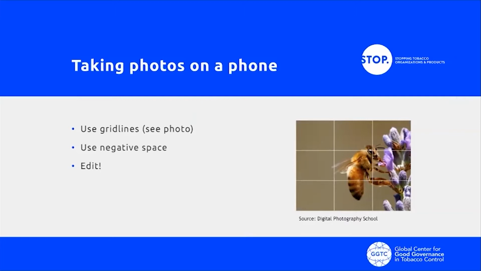And that brings me to my next point, which is to take advantage of negative space. Again, you can see that the honeybee and the flower, they're only taking up about 2/3 of the picture, and the whole left and some of the top and bottom are just blank background. Negative space serves 2 purposes. It helps us concentrate on our subject, and importantly, for a competition like this, it allows you an easy place to add text.